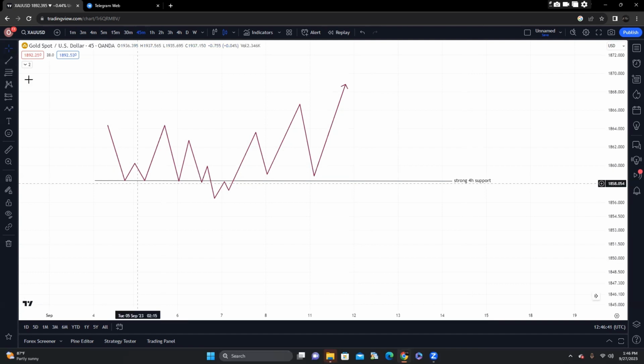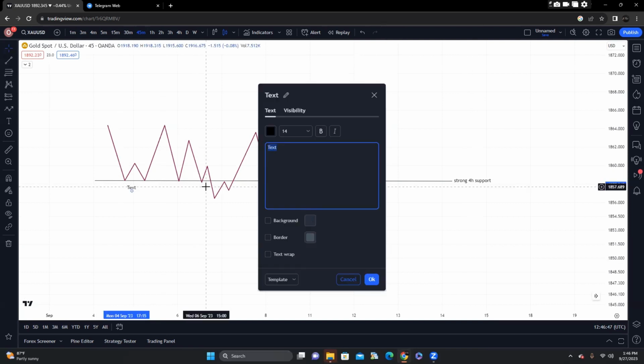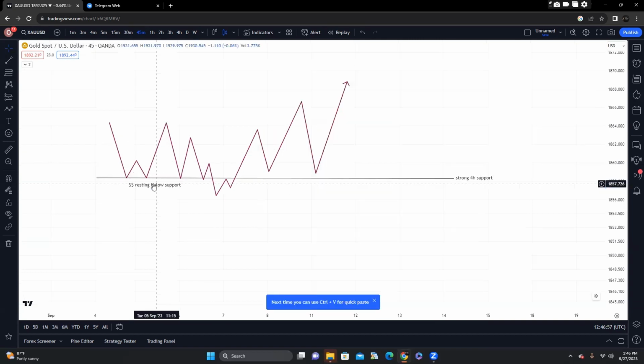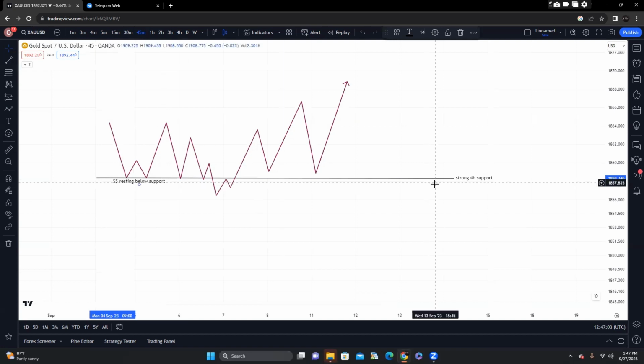Remember, support zones and resistance zones are what? They are liquidity areas. So we have liquidity resting below support. So this whole entire area is liquidity that's resting below the support level.